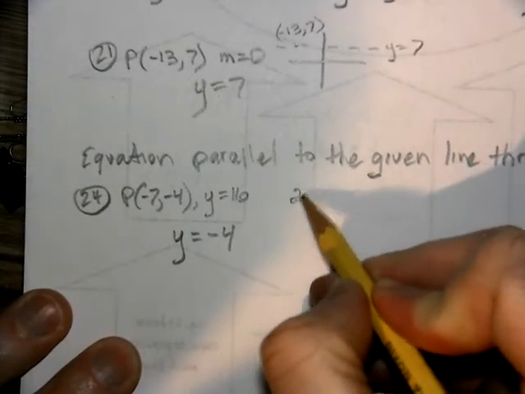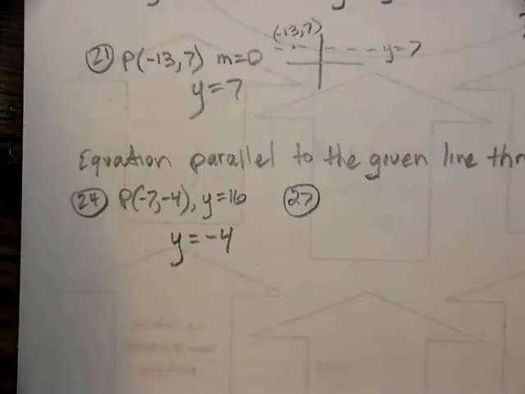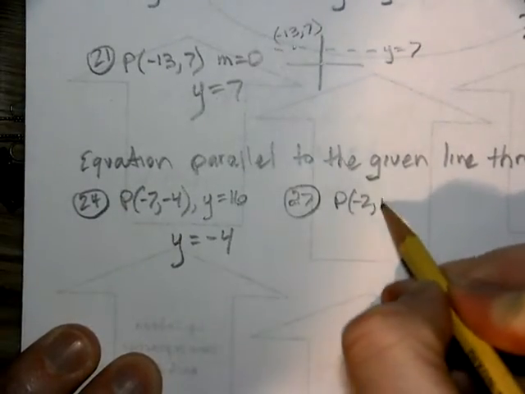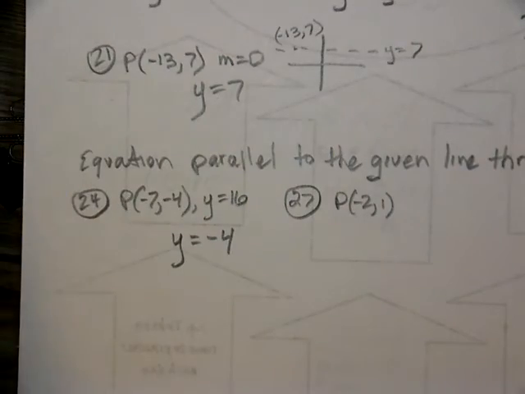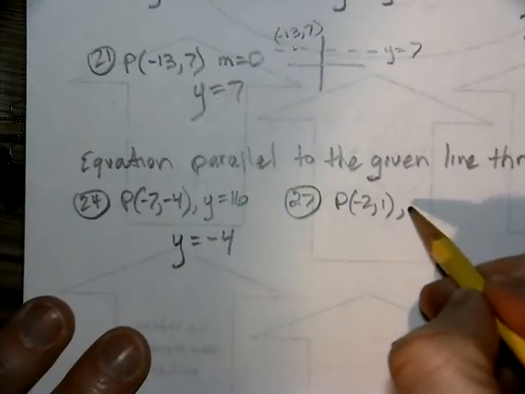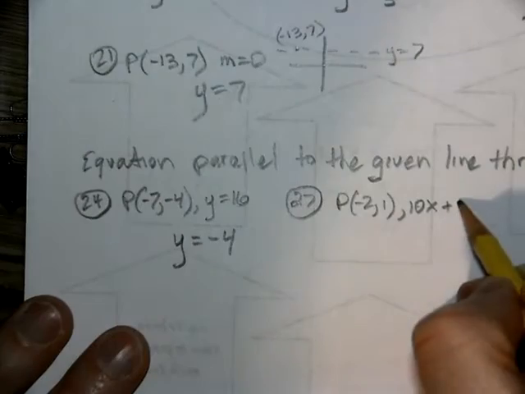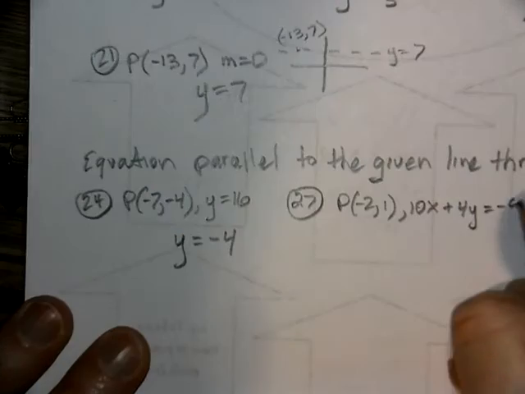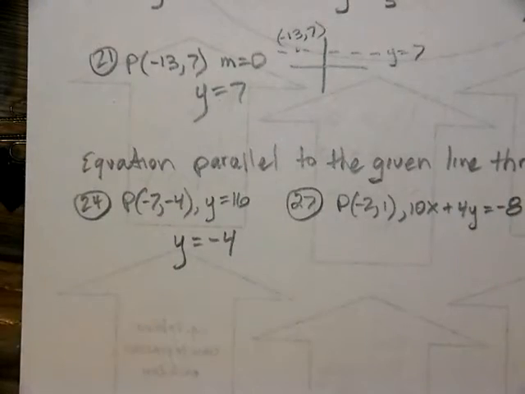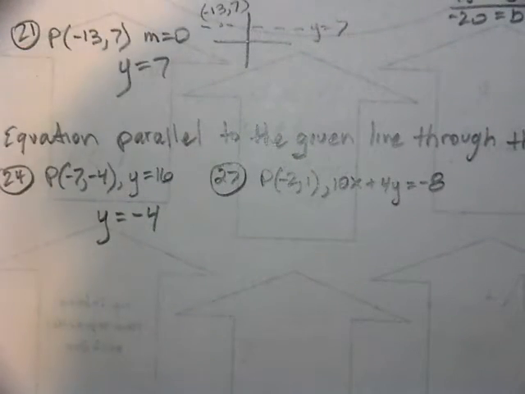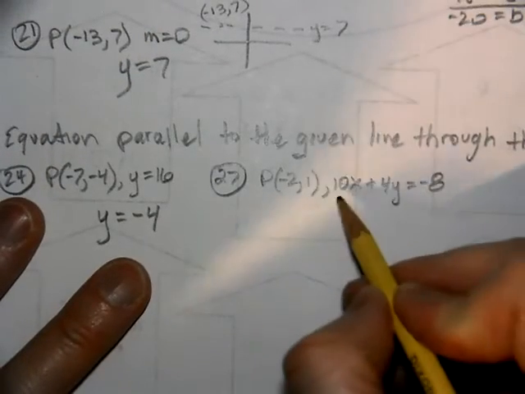Number 27, we have the point negative 2, 1, and the equation of 10x plus 4y equals negative 8. So typically, to find our slope, we need to put this in slope-intercept form.